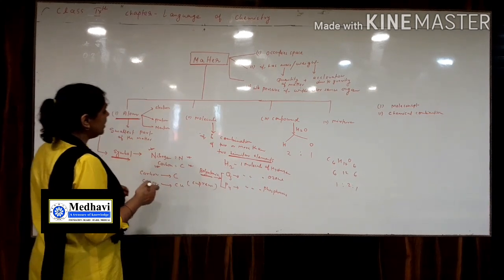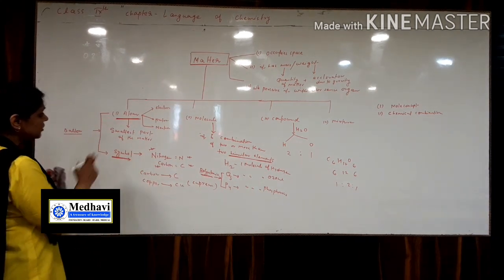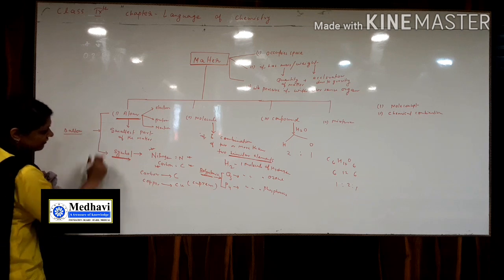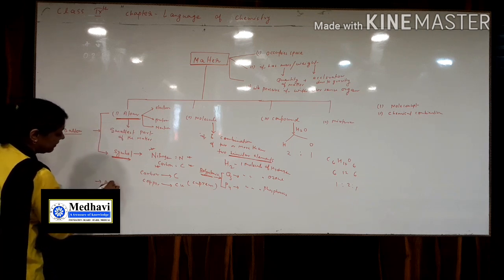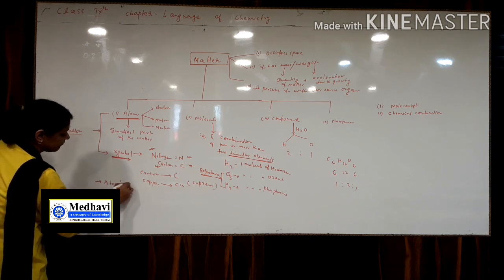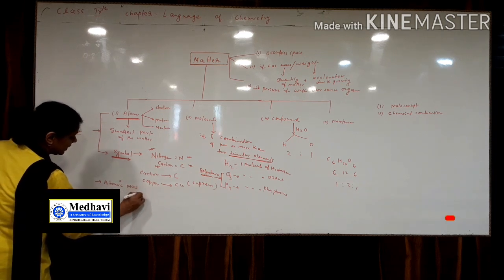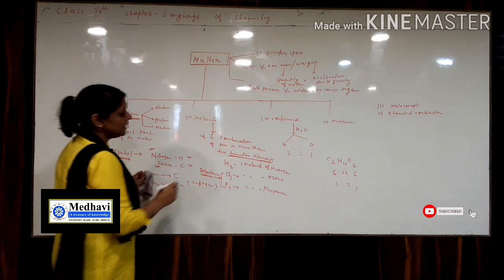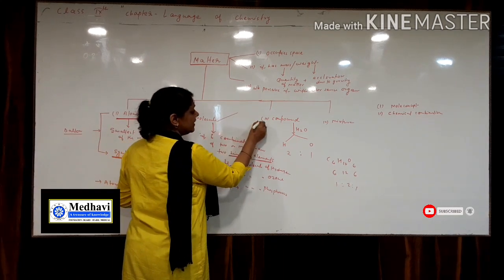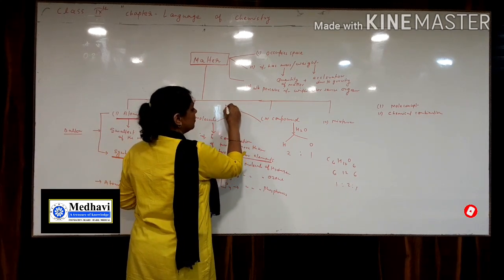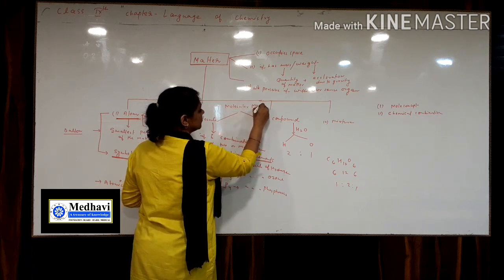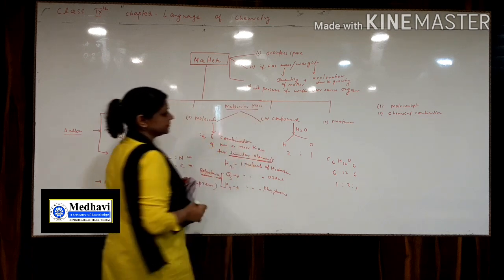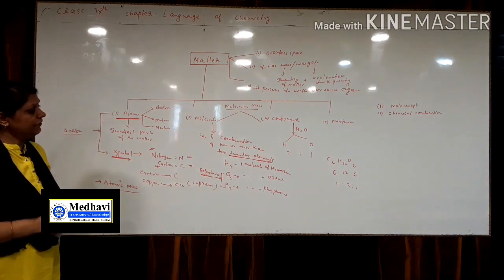And when we are going to take mass of an atom, it becomes atomic mass. And when we are going to take mass of a molecule as well as compound, it is called molecular mass. So don't get confused.